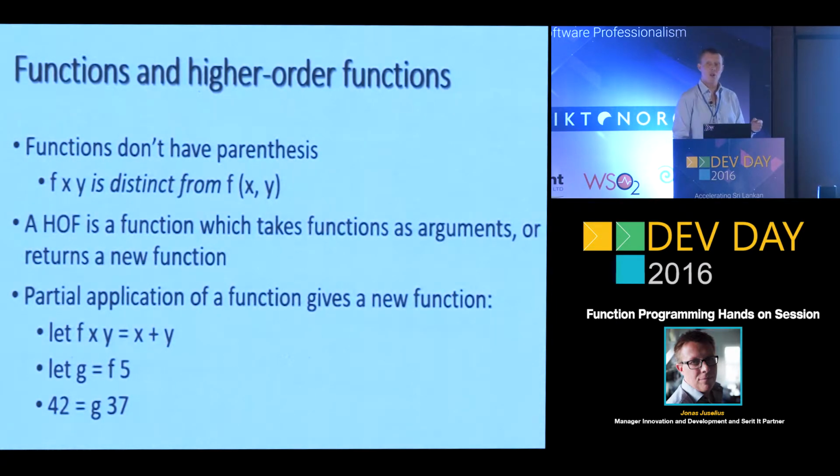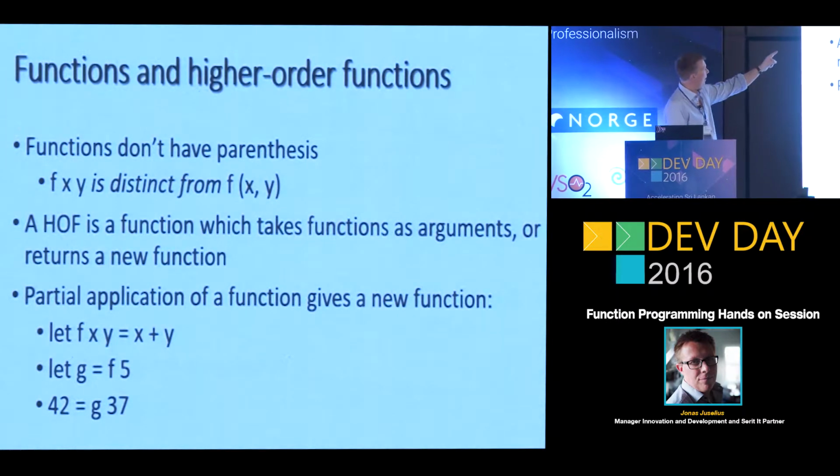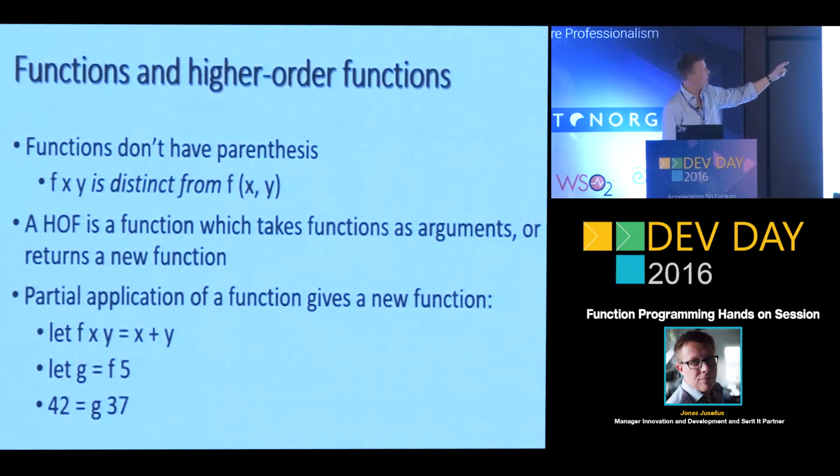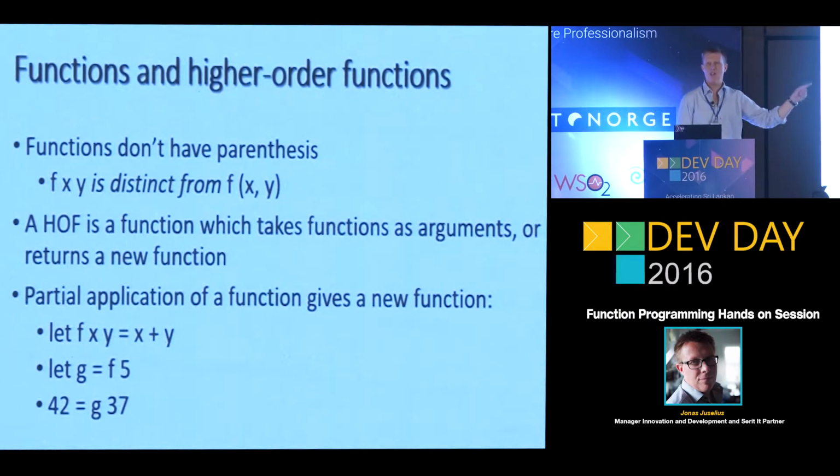And one thing to watch out for, especially when you have functions taking two arguments, is that f x y is a different thing from f (x, y). f x y is a function taking two arguments, whereas f (x, y) is a function taking one argument, which is a tuple. So that's a different thing.